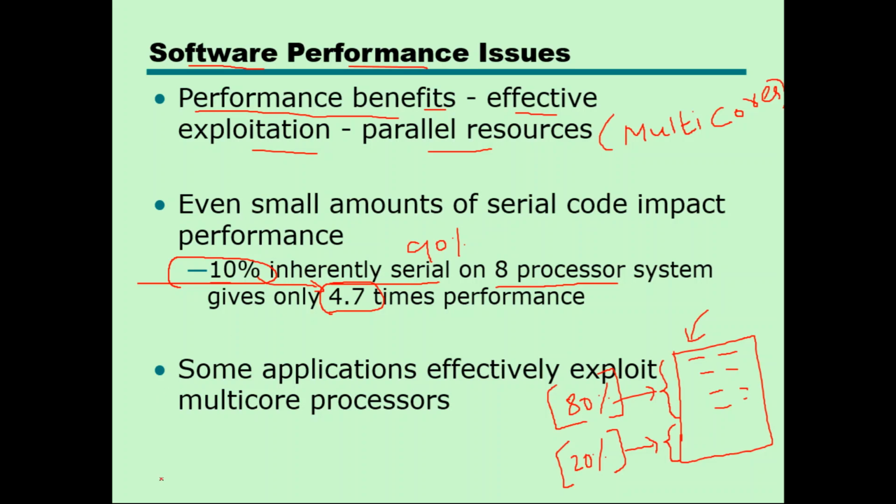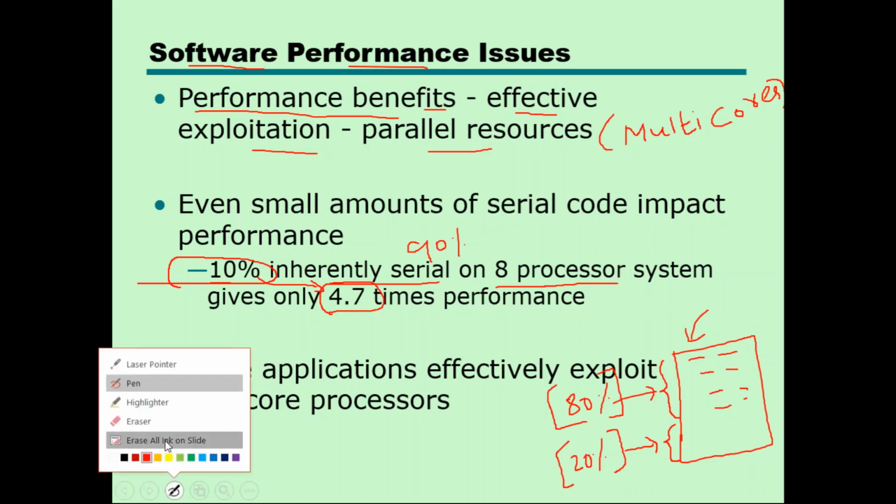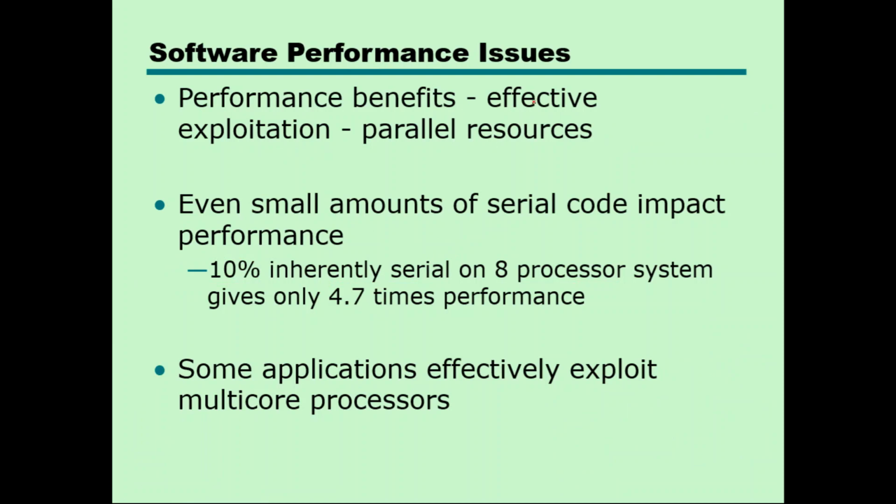So the point is, it is not sufficient to have multi-core hardware alone. If the software is unable to get the best out of the multi-core environment, then even if you have the multi-core environment, you are not going to get benefited to that extent. So the software should be able to exploit the maximum utilization of the multi-core environment.